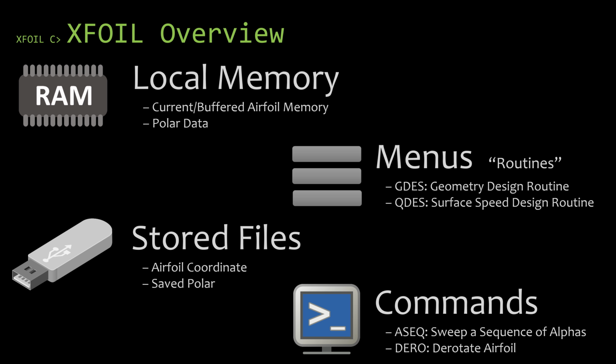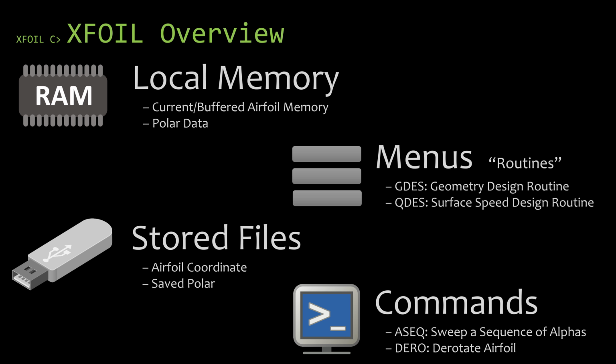I think this is due to the fact that if you want to design the geometry of the airfoil, you might run through a particular routine to do that. So the menu that contains all the commands would be the routine to do the geometry design. But in my series, I'm just going to call them menus because I think that's a clearer term.